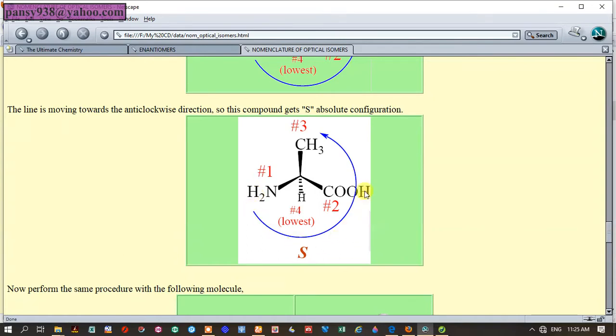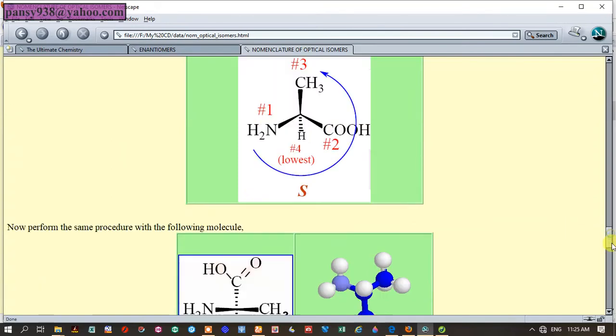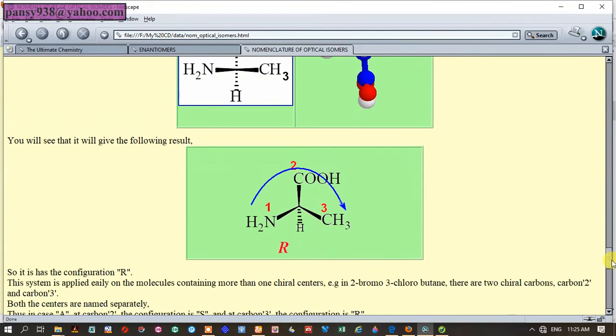S means anti-clockwise rotation from highest priority to lowest priority, and R means clockwise direction from highest priority to lowest priority. I have discussed it in detail in the previous lectures.